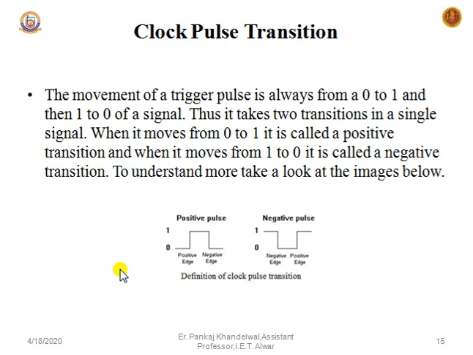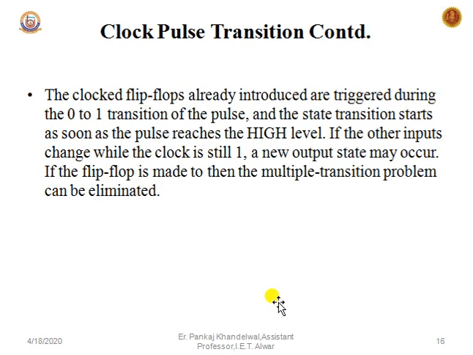To understand more, take a look at the image below. The signal goes from 0 to 1 and this is called a positive pulse, and 1 to 0 is called a negative pulse. Clock pulse transition continued.